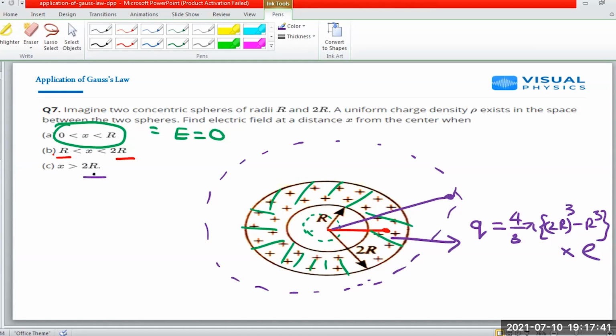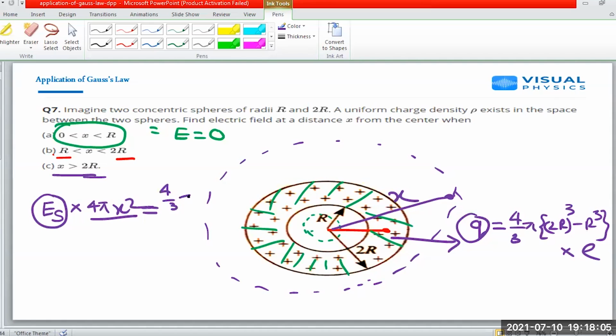So for the region outside, my electric field E into S will be into 4 pi x square. Suppose this distance is x. So electric field into surface area will be this charge q, that is 4 by 3 pi, 2r cube means 8r cube minus r cube is 7r cube, into rho by epsilon naught.